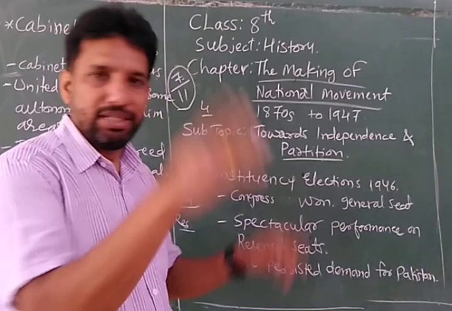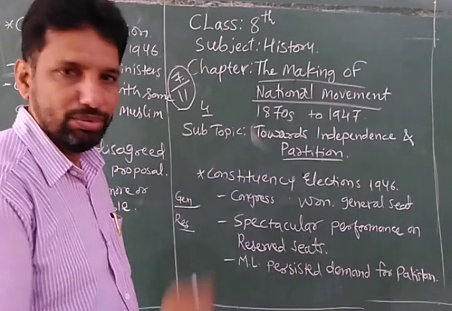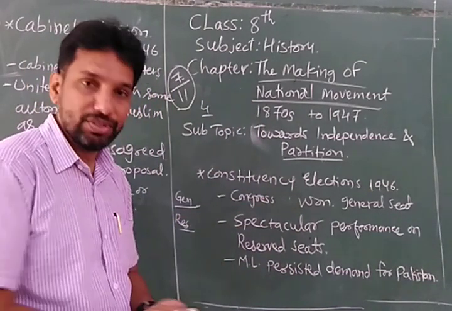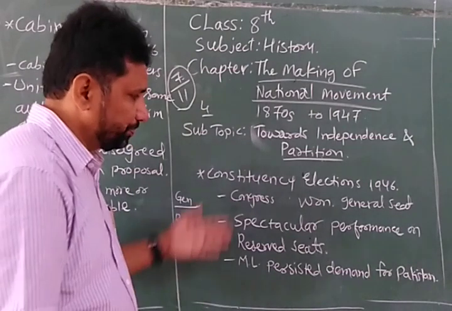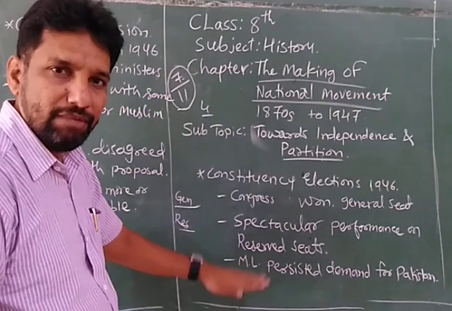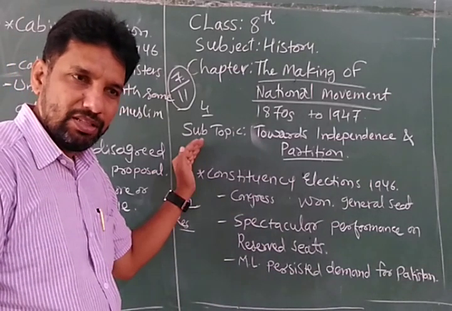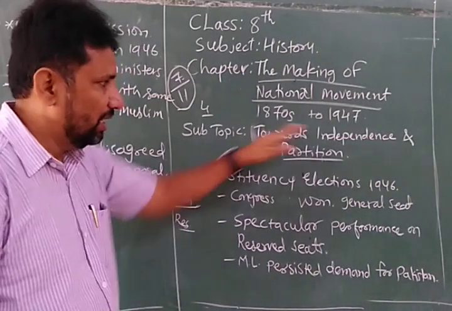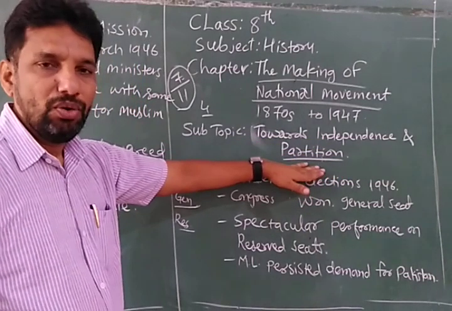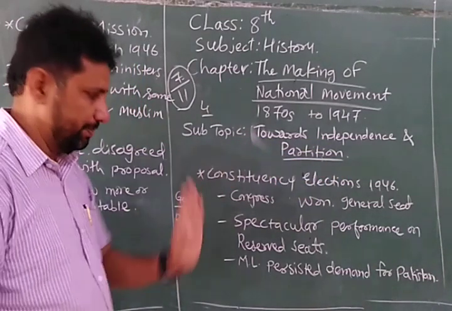That separated again in 1971, which you may see in subsequent chapters or next year. Okay, so this is the further progress of the demand of the Muslim League, and we are marching towards independence and simultaneously towards partition.